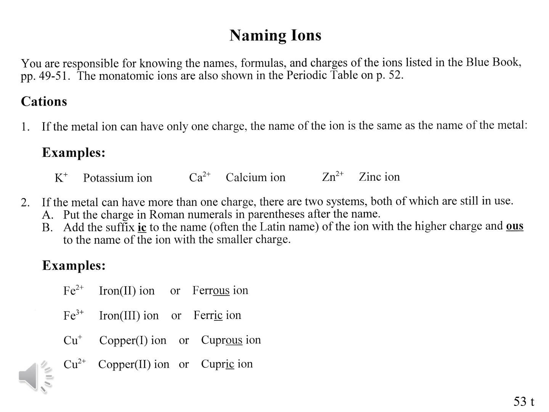In the transition elements, where you can have more than one charge, the most common system is to use a Roman numeral in parentheses after the name in order to tell the charge of the ion. And this is what's called the stock system. You can use this system for any of the ions that have more than one charge. So, for example, iron(II) is the 2+, iron(III) is the 3+.